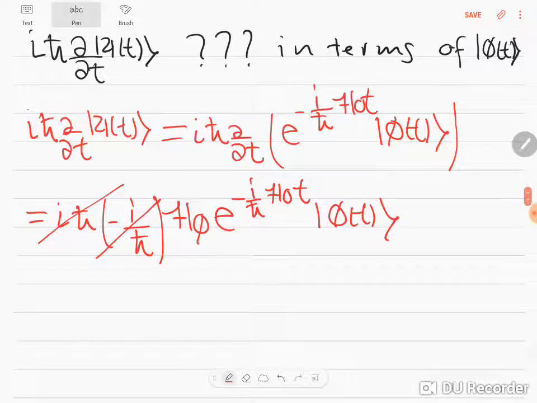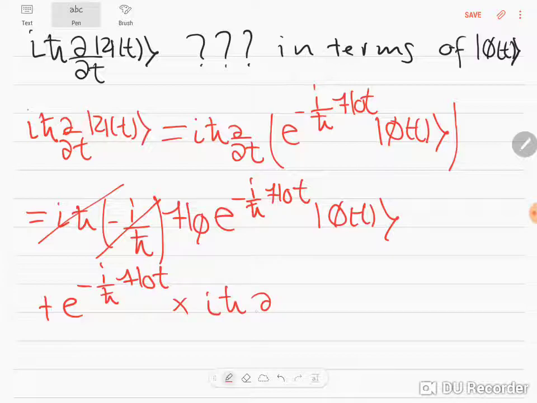And the second term of this derivative is plus e to the minus i over h bar H0 t times i h bar times the time derivative of the state phi of t.